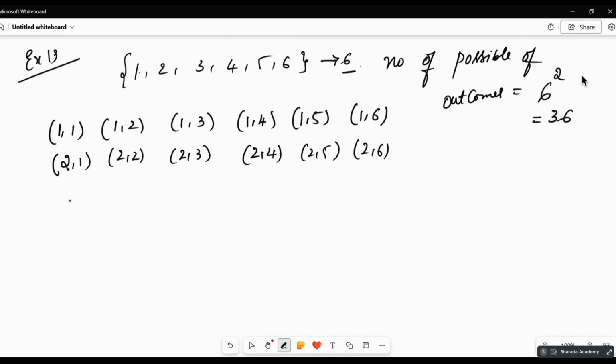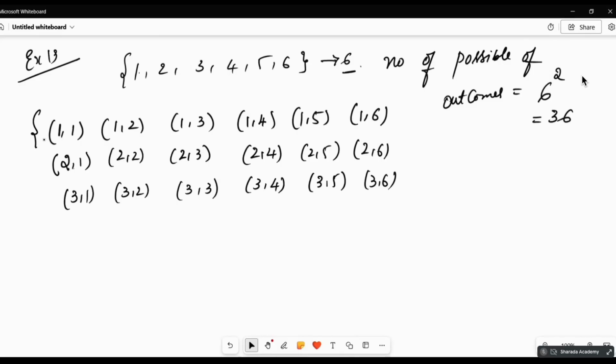Again with 3: 3 and 1, 3 and 2, 3 and 3, 3 and 4, 3 and 5, 3 and 6. This is a very important question. Many times they will ask related questions in the exam.